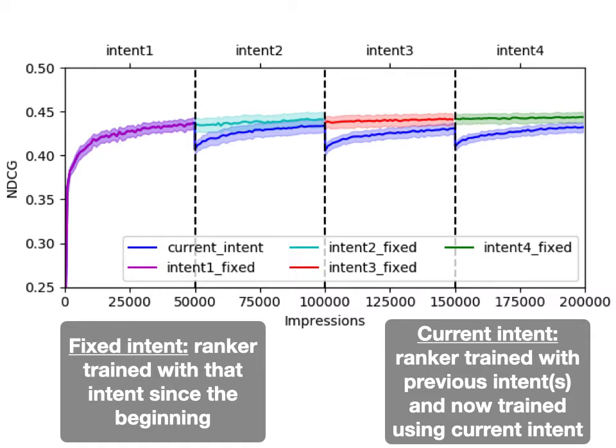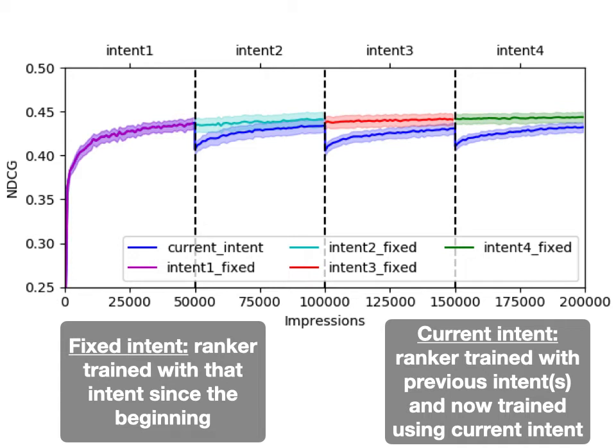And then the other ranker that is shown is the ranker trained with the current intent. So that ranker is trained with intent 1 during the first 50,000 interactions, and so that ranker is the same as the fixed intent ranker for intent 1. But then for intent 2, the ranker that was trained with intent 1 up to 50,000 interactions is now trained with intent 2.